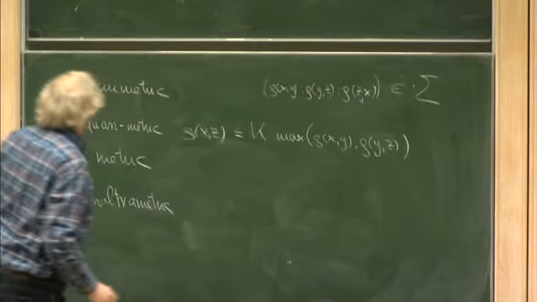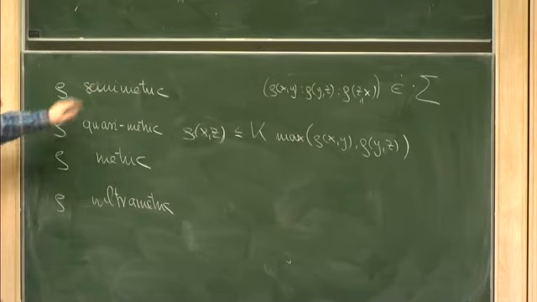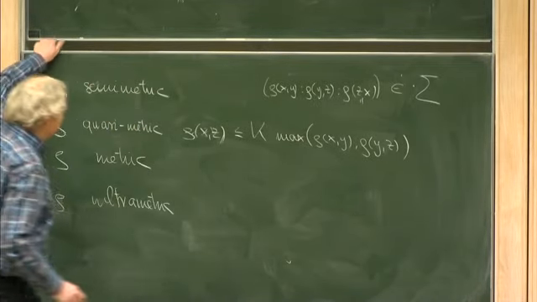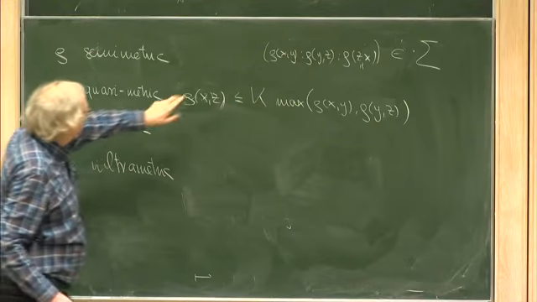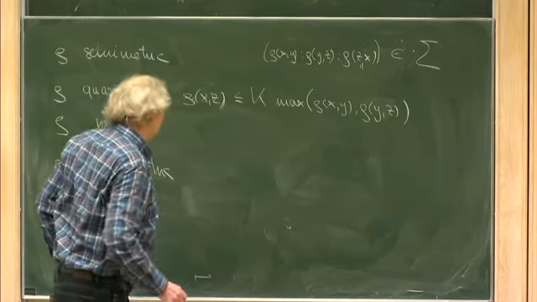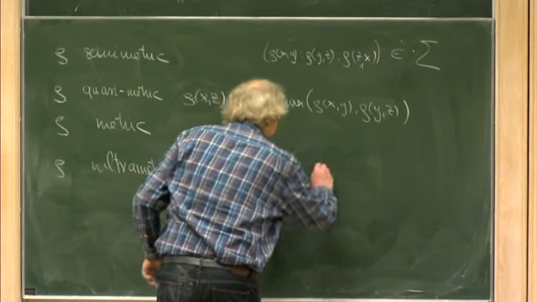So a symmetric means only, so maybe it's easier to describe the other way around, because there are more and more restrictions to that. So what is an ultrametric?